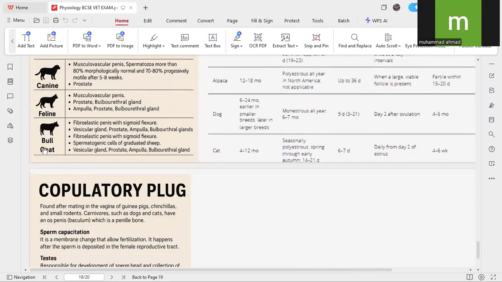In bull, goat, and swine, there is a fibroelastic penis with a sigmoid flexure. Sheep have four glands: vesicular gland, prostate gland, ampulla, and bulbourethral gland. So one of the questions from one of these species is about the glands.